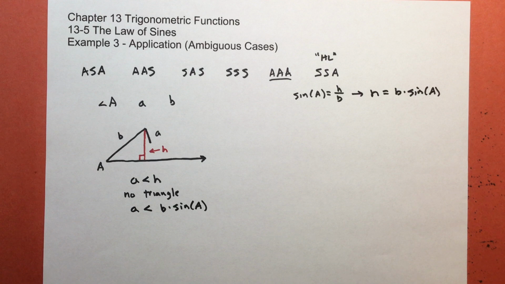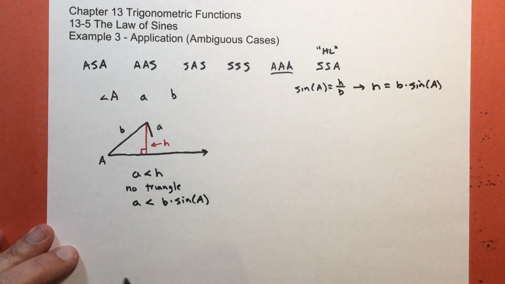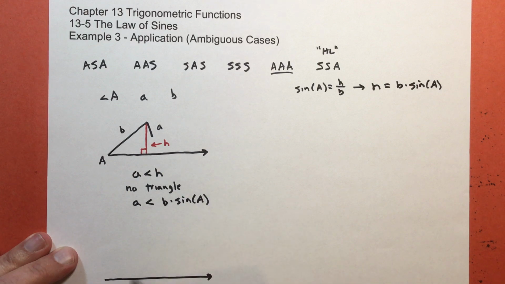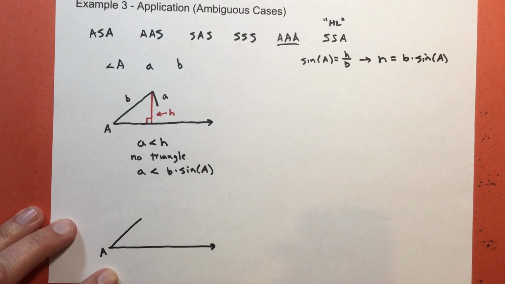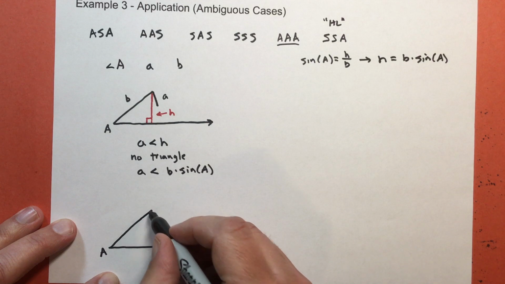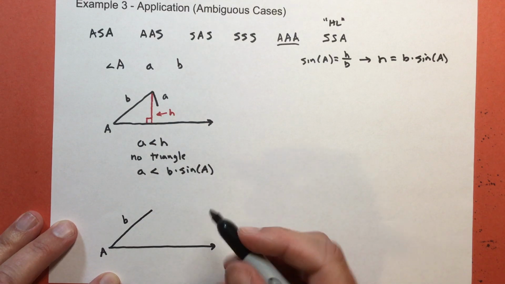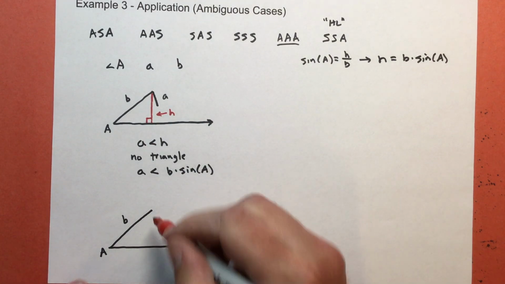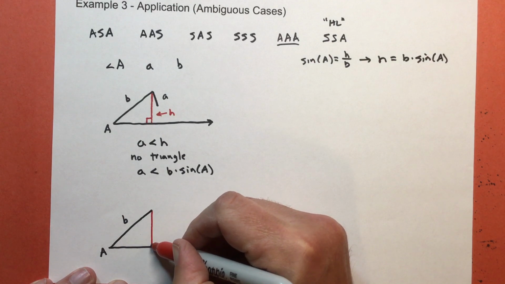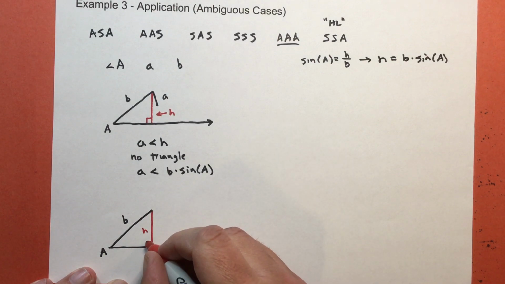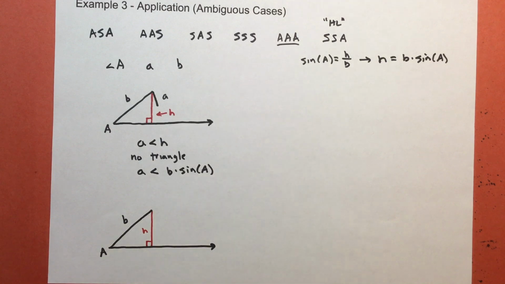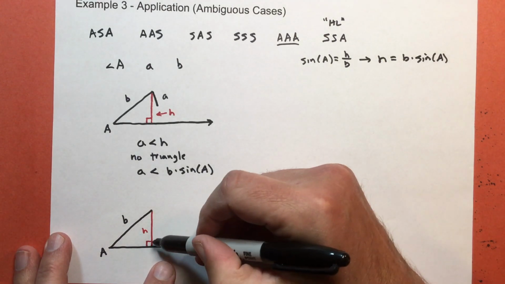Now, let's stretch side A out a little bit more. I'll start off with my same picture here. I don't know how far this side is. This is going to be my angle A, and this is going to be B. And again, this will be H. I'll try to draw this so you can see both the red and the black.